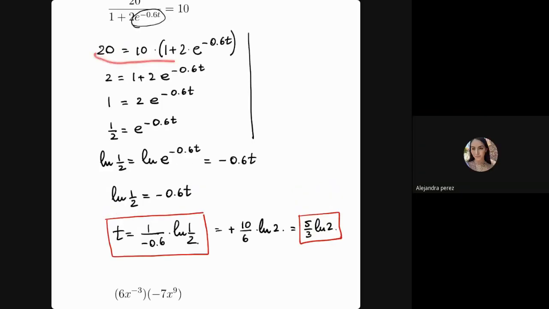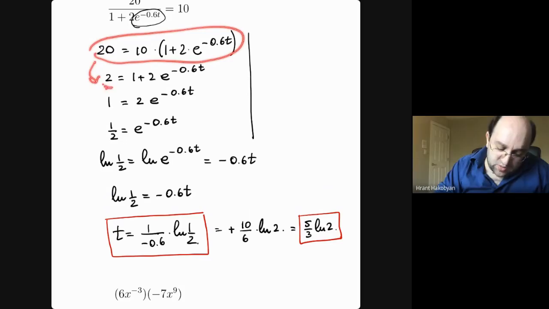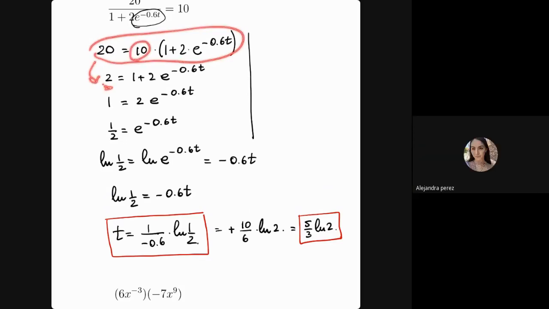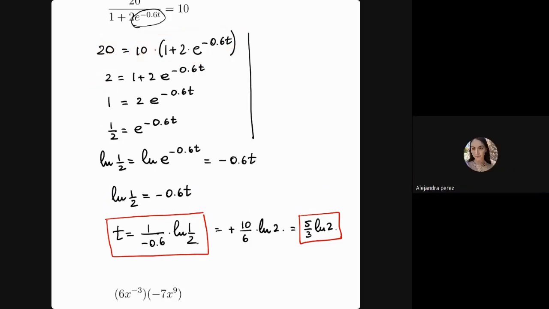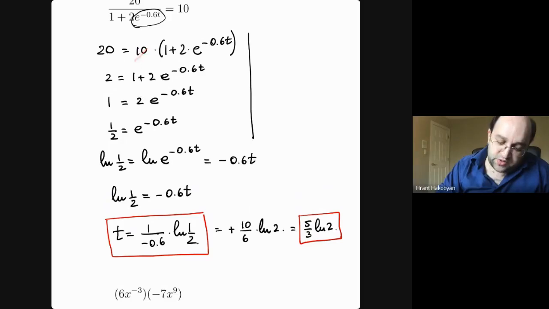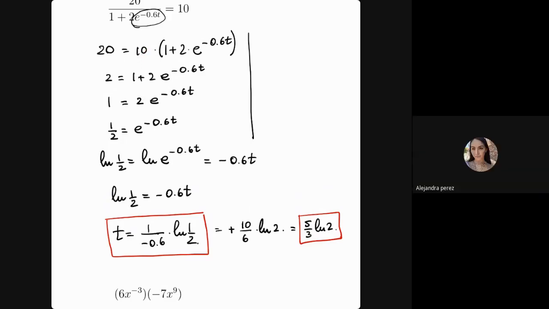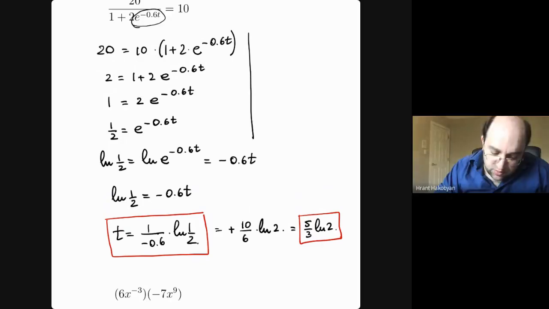So to go from here to here, you just divide both sides by 10. So you get rid of the 0 here and 0 here, you get 10, and then you get rid of the parentheses because it's 1 times this. Right, so you get 1 plus 2 times that.